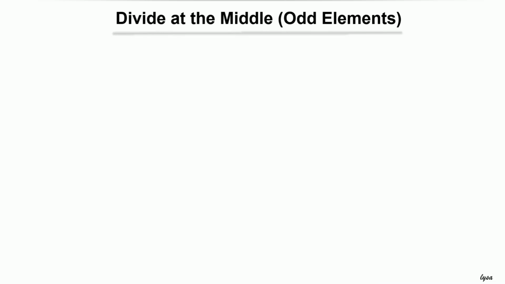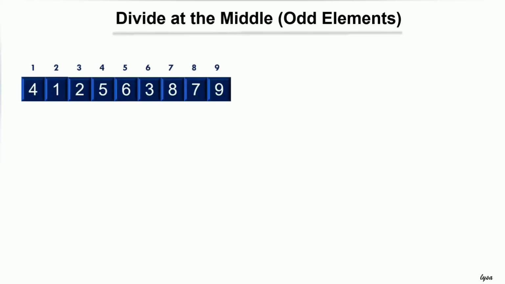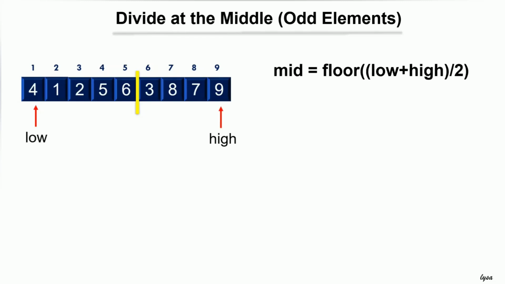Now let's see how our formula behaves when we try to divide at the middle with an odd number of elements. So I have 9 elements now, and I use the same formula with low and high values being 1 and 9 respectively.